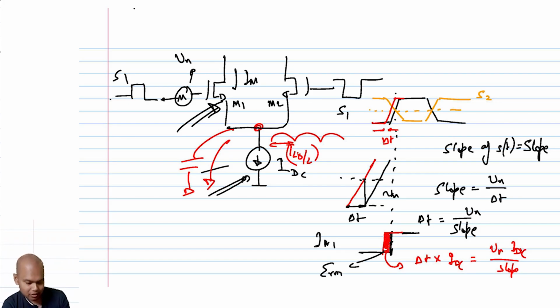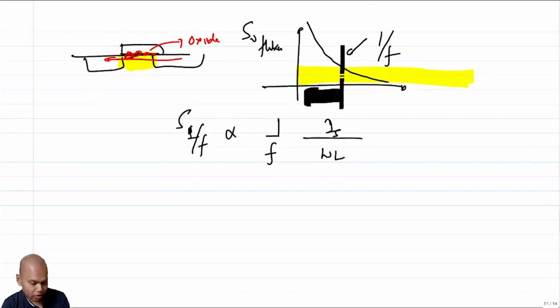But the good thing is, which I did not mention explicitly, flicker noise is not the same in all technologies. PMOSes generally tend to have lower flicker noise than NMOSes, right?